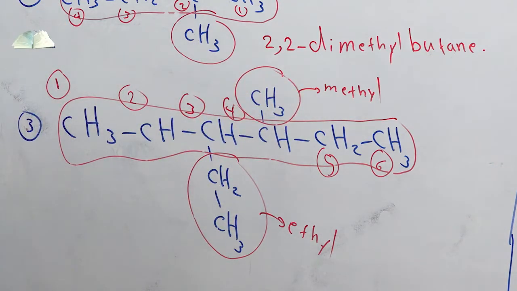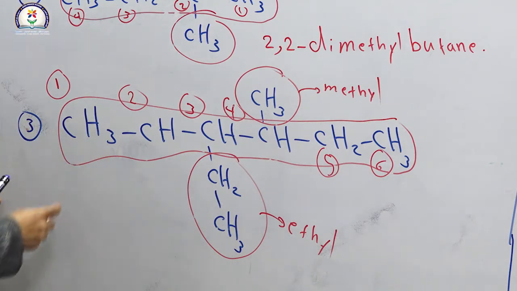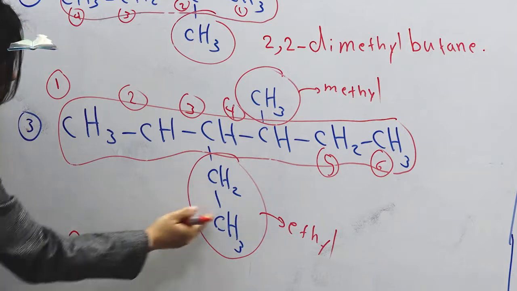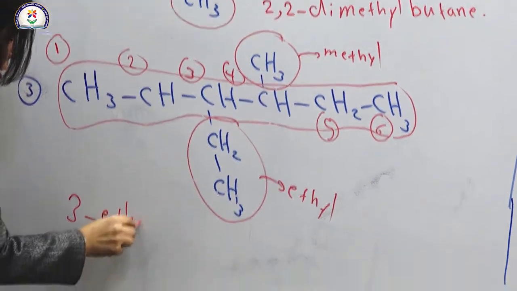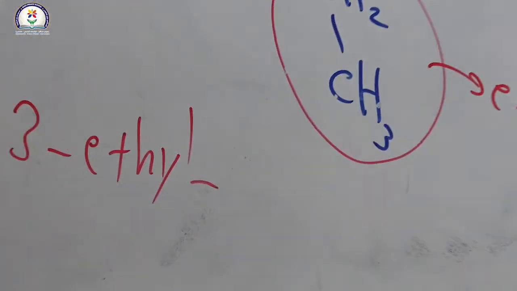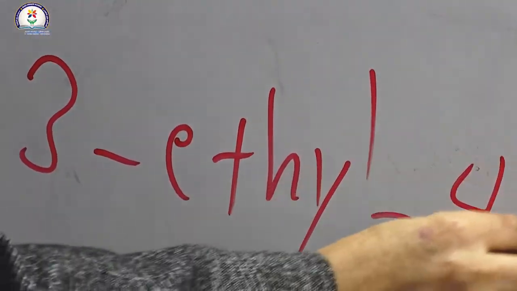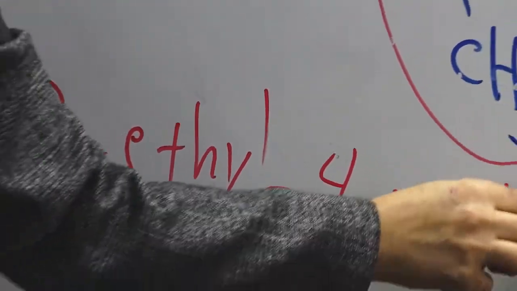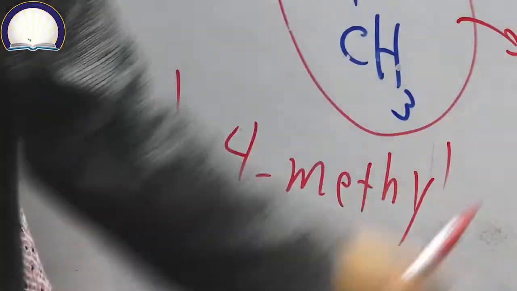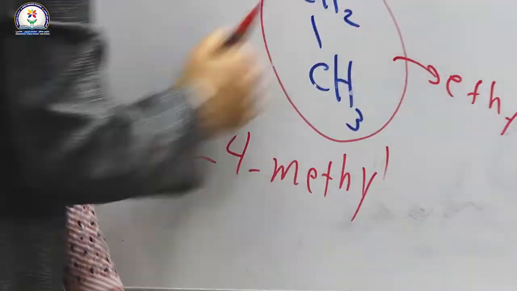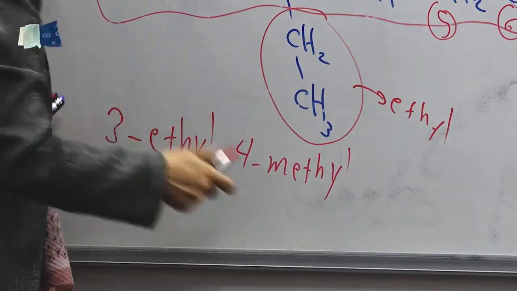At 3, what do we have? We have ethyl, and then at 4, we have methyl. The chain has 6 carbon atoms, so you have to say hexane.